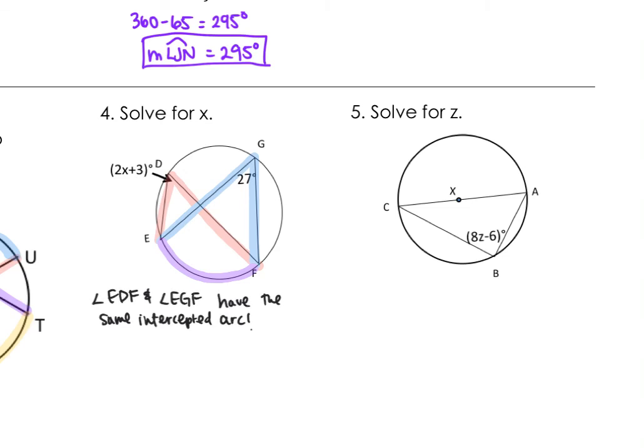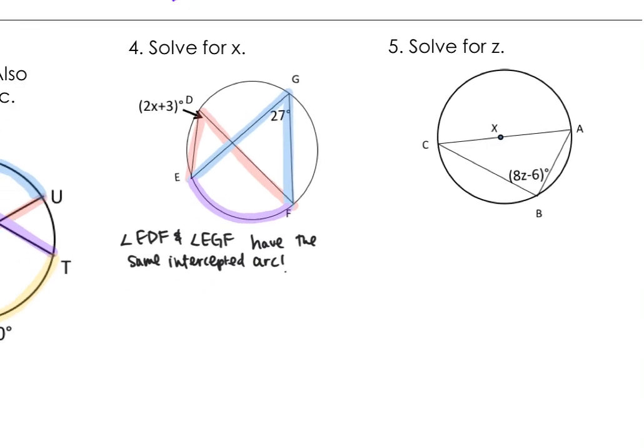Since they have the same intercepted arc, the measure of angle EDF has to equal the measure of angle EGF. If 2 angles have the same intercepted arc, the angles have to be equal.